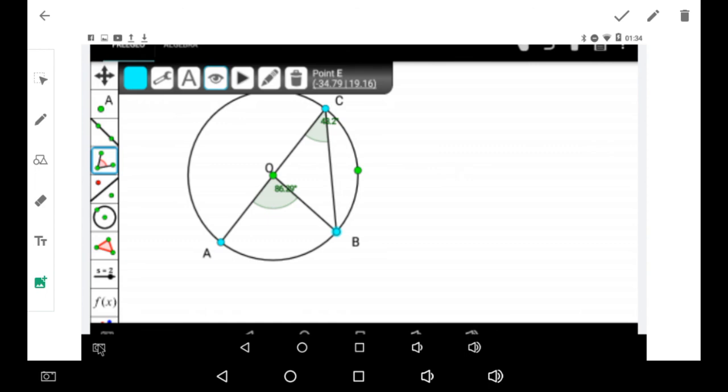Let's think. When we multiply the angle from the circumference by 2, what will it give us? Yes, it will be the same as the angle at the center.